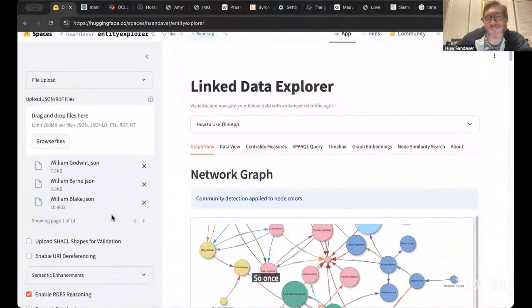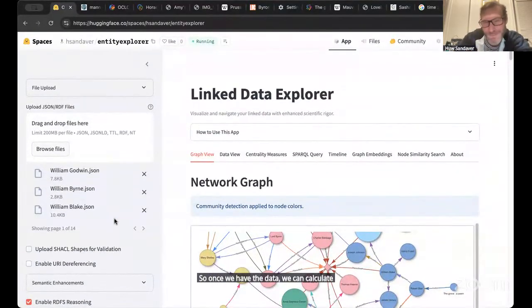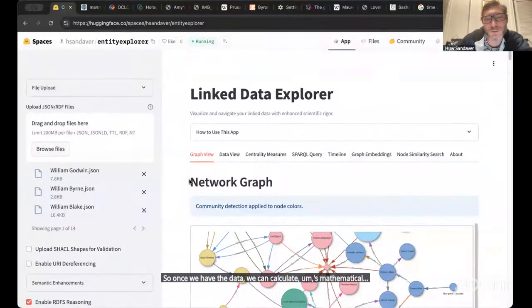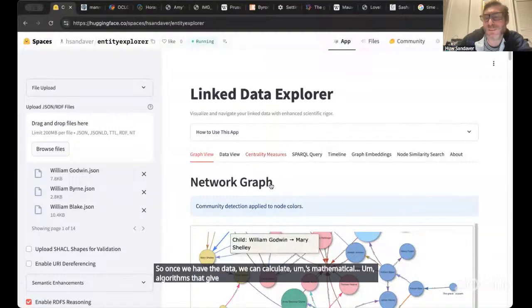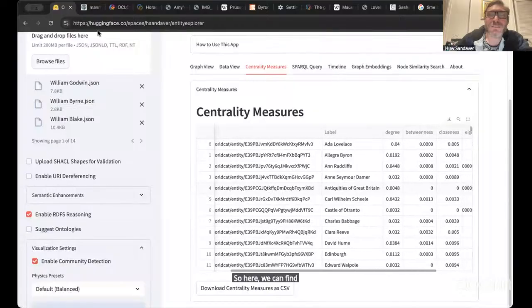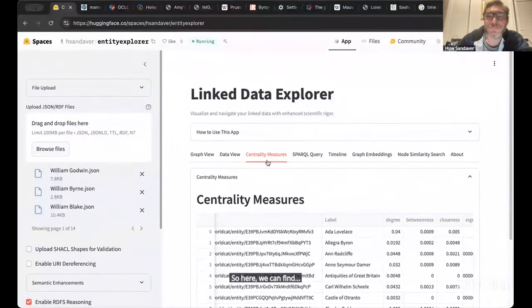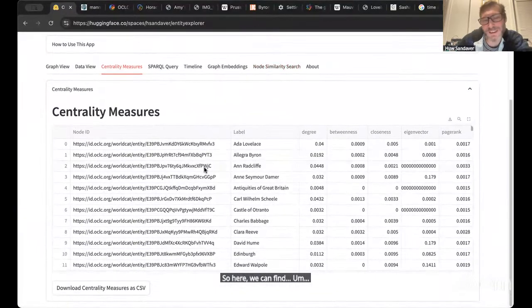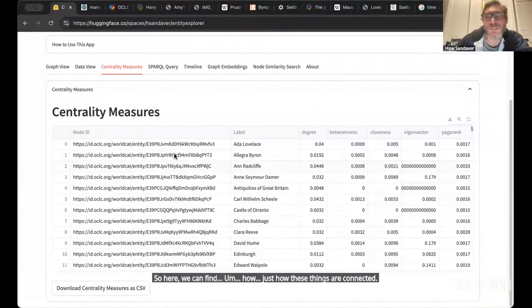So once we have the data, we can calculate some mathematical algorithms that give us some information. So here we can find how these things are connected. So who is the most central figure in the group?